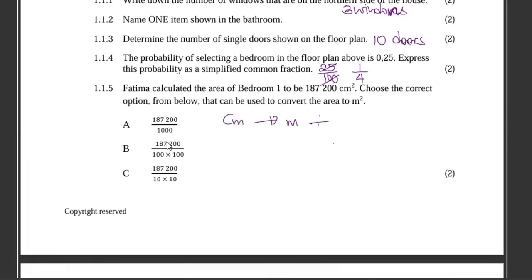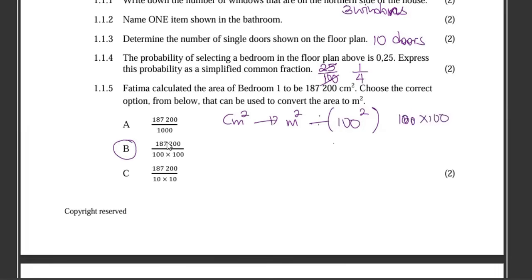We are going to do what? We are dividing by 100. However, it's centimeter squared. Change it to meter squared. So we divide by 100 squared. So the only answer here is what? B. 100 squared. This is why I'm choosing 100 squared. It's 100 times 100.